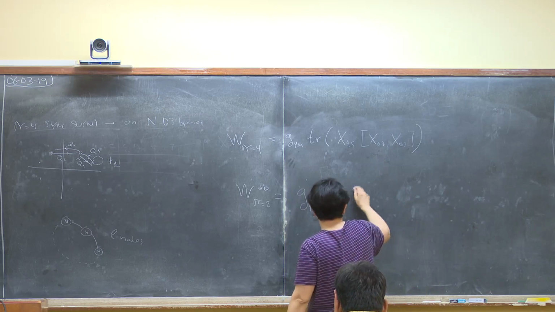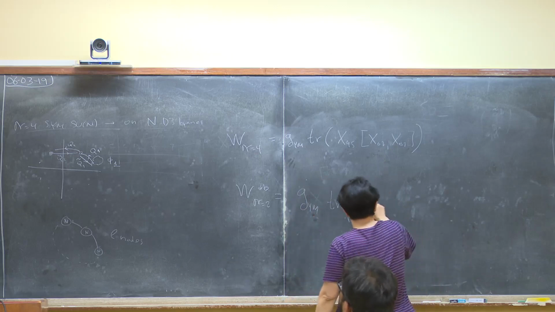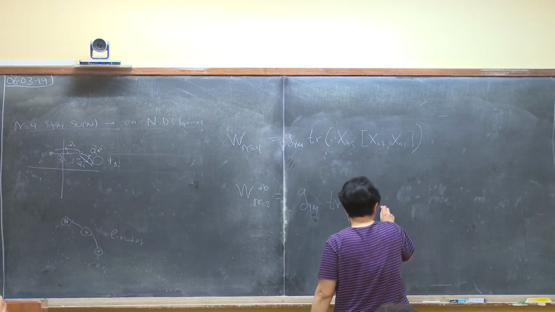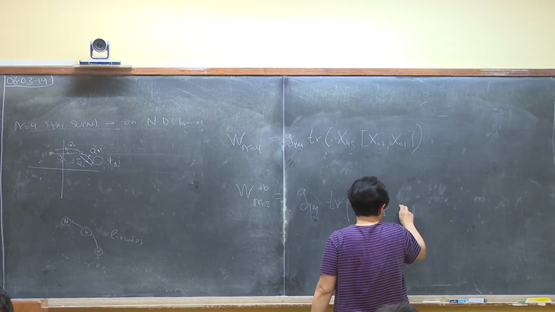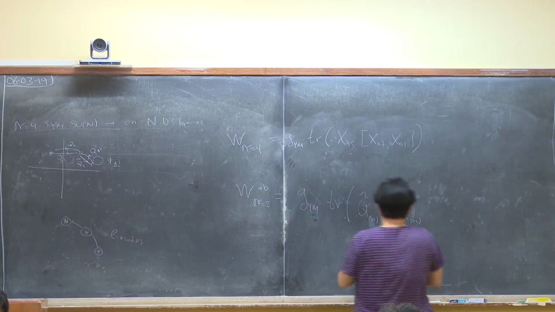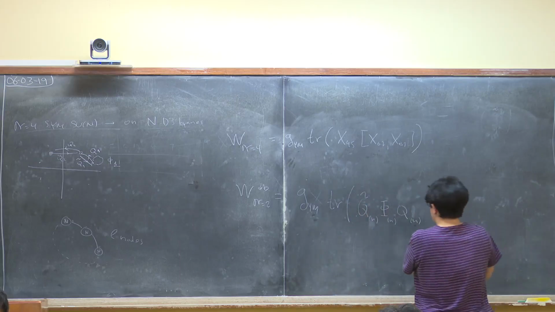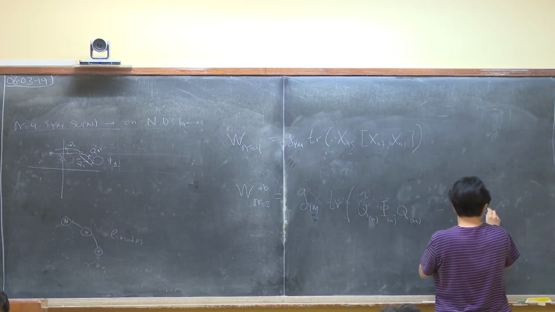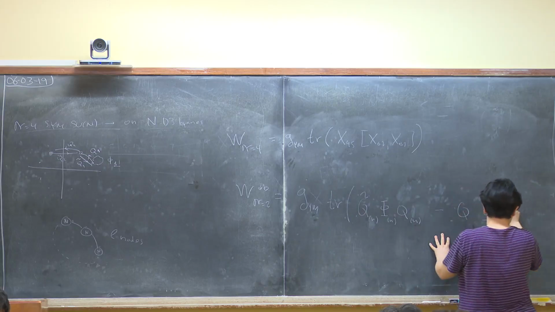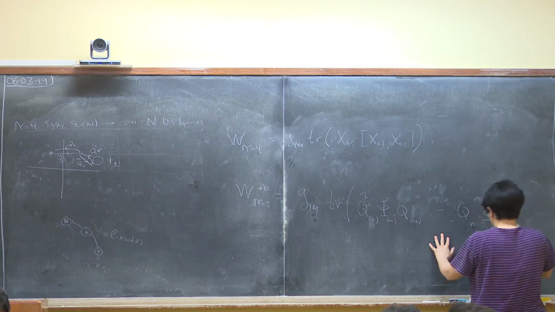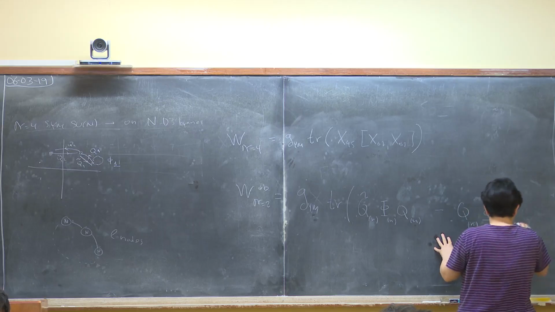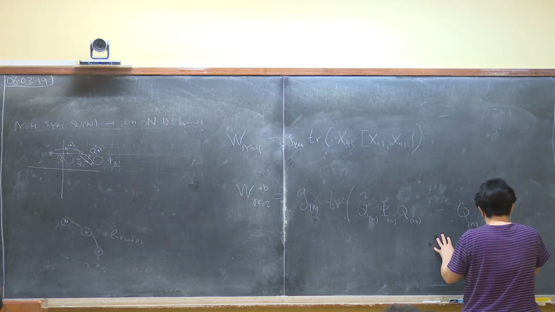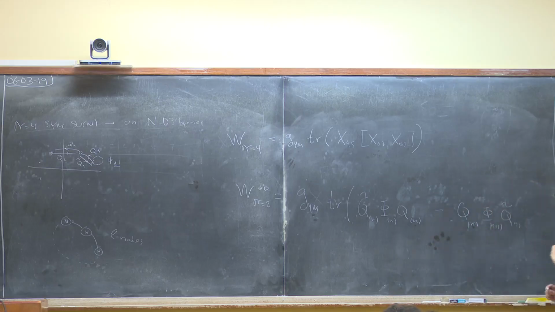But here you can have 2 things, and now these objects have indices. And you get a second term, which is from the next color group. That's what you get.